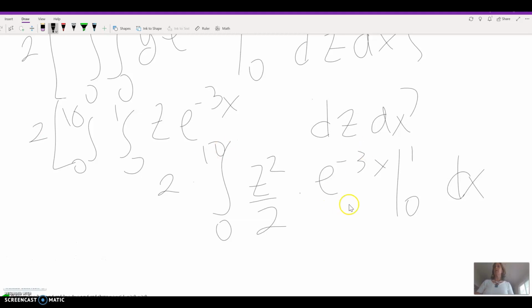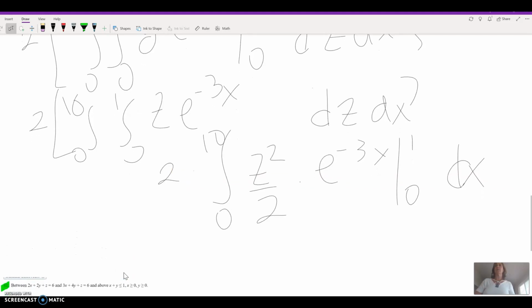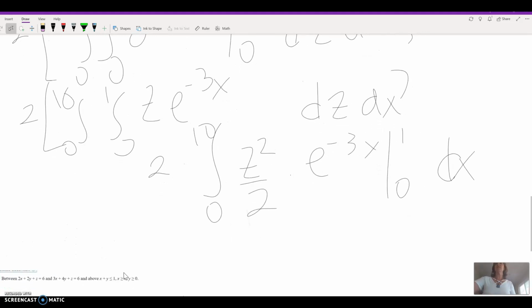So now when I plug in the 1, I'm going to get 1/2 e to the negative 3x times 2. So the 1/2 and the 2 will cancel out. So that's going to leave me with just e to the negative 3x minus, now I'm plugging in the 0 for z, so that gives me 0.